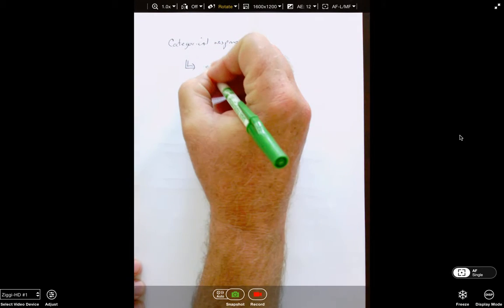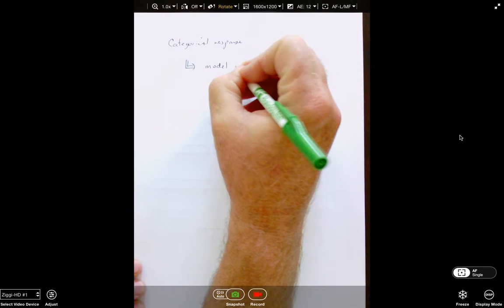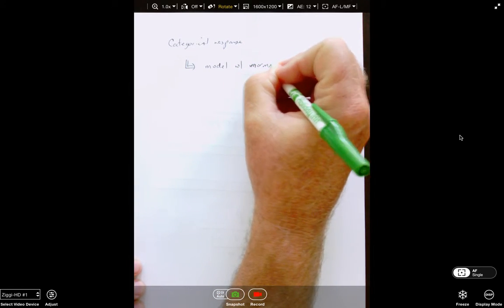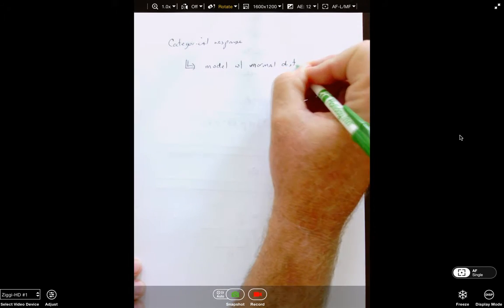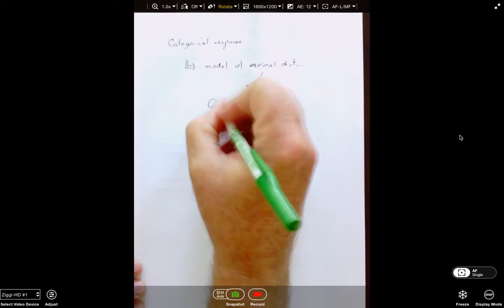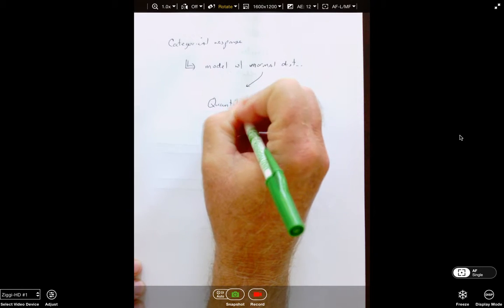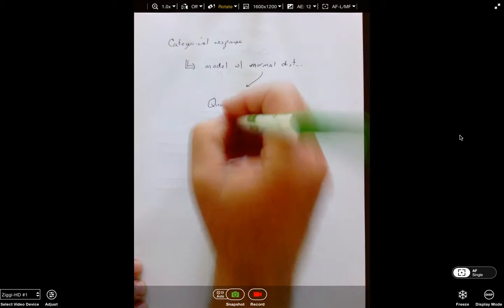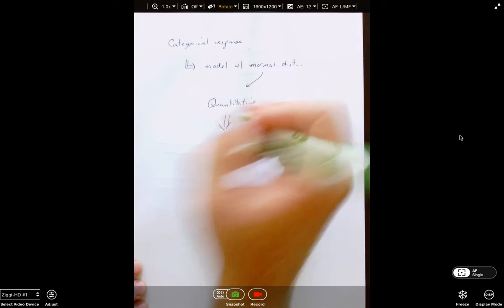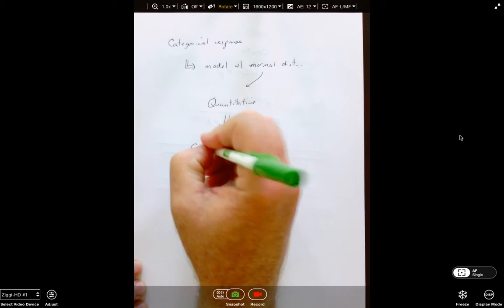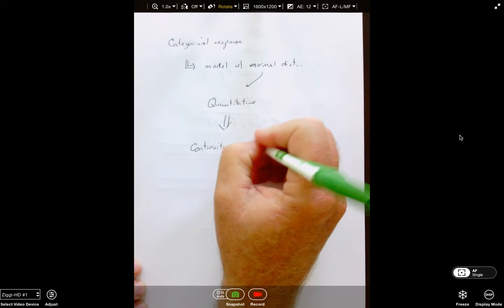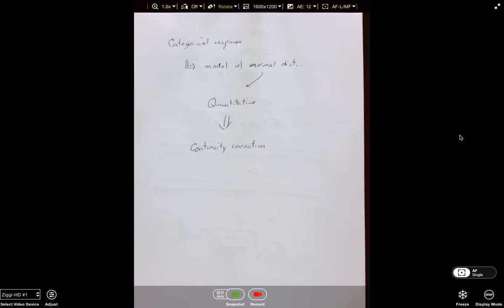And we try to model this with a normal distribution, pretend that's an n, which is quantitative. Well, we've got some issues. And the issues are, we have to come in and implement what's called a continuity correction.